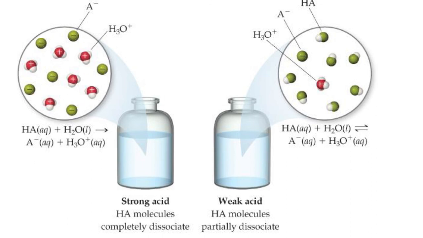And you'll find that there are no HA or strong acid left in solution. If we have a similar picture for our weak acid, you'll notice that we have formed one conjugate base, A-, and one H3O+, just for example. And then the remaining molecules are the HA molecule. Okay.